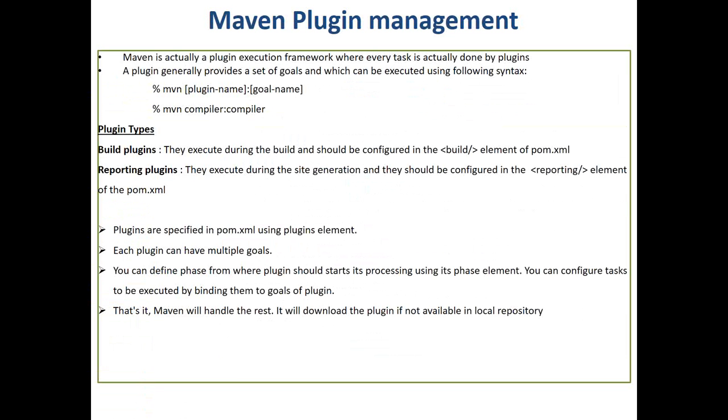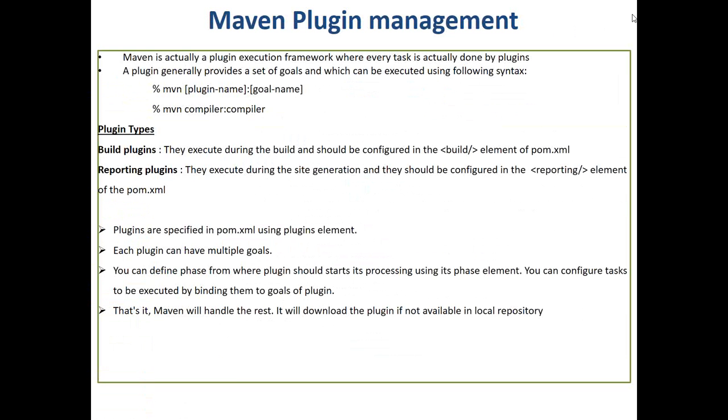But if you want to do anything additionally, then you will specify what is that plugin through which you will be doing this additional task. Okay, so once again, Maven is all about plugin management. So if you look, there are basically two types of plugins in Maven. So what are the two types of plugin?